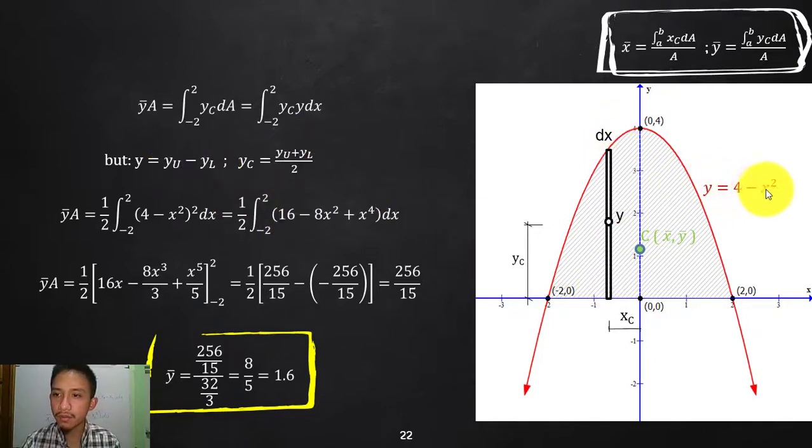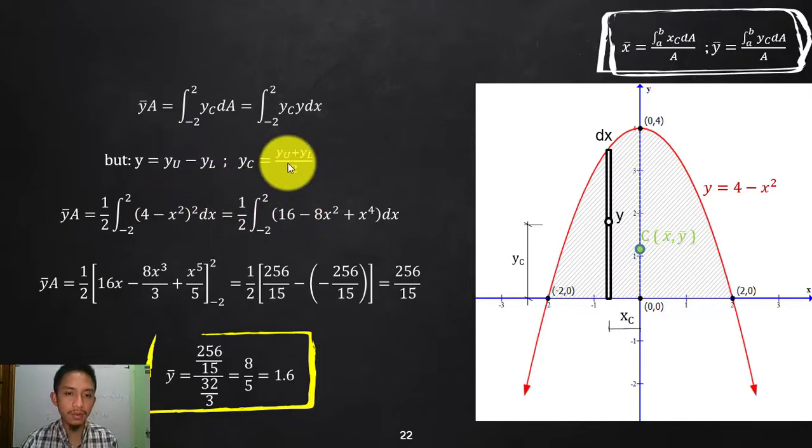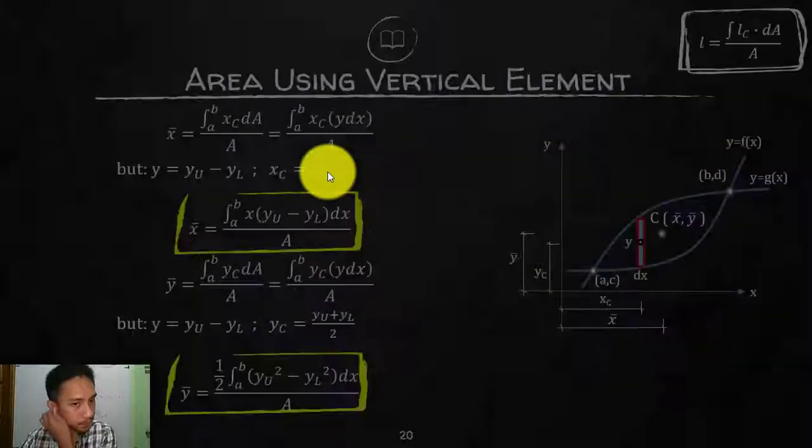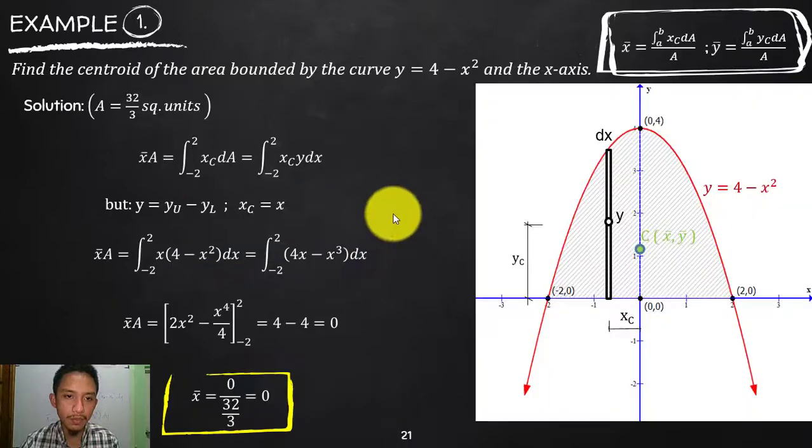That is your 4 minus x squared minus 0, because the y lower is the x-axis, or 0. That is as simple as this. Do not forget to square that one, since we are using vertical strips: y upper squared minus y lower squared. However, we do not have a y lower.